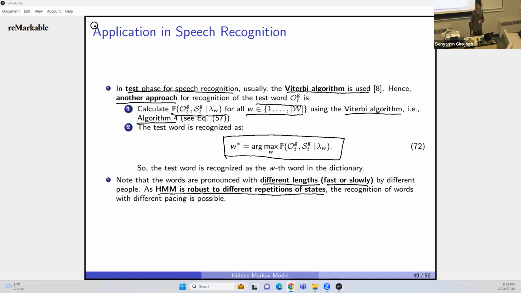But when I say hello slowly, maybe I have 3 h's, 2 e's, 5 l's, and 2 o's, right? Because I spread that in time. And HMM is robust to the repetitions of states. It doesn't matter whether you have 3 h's or 1 h. That's the same. Interesting.